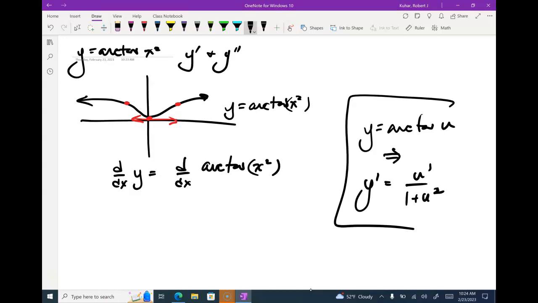How do I find u squared if I don't have u? So all I'm going to do is identify u as x squared, correct? U squared is x to the fourth. And u prime is 2x. Agreed?